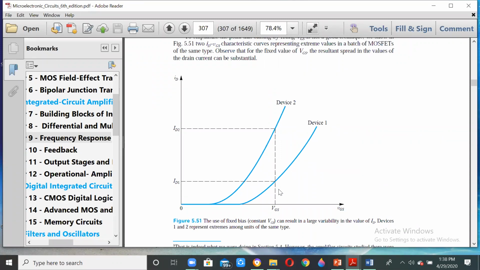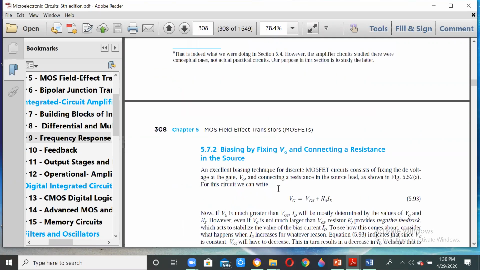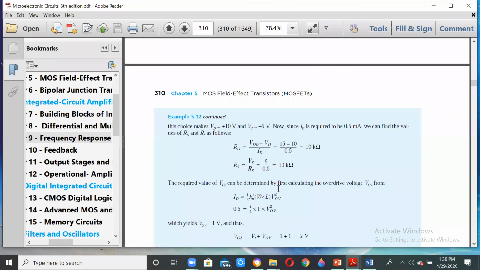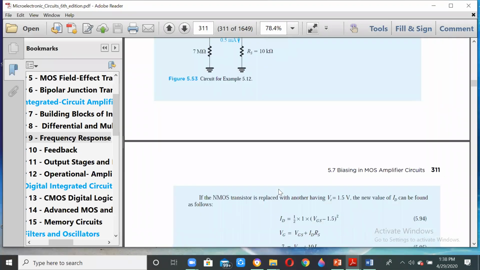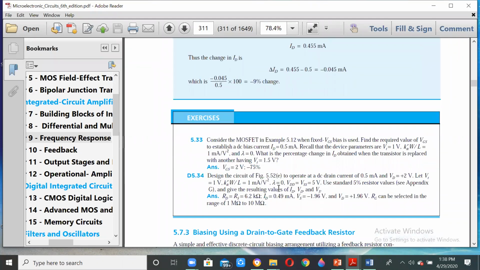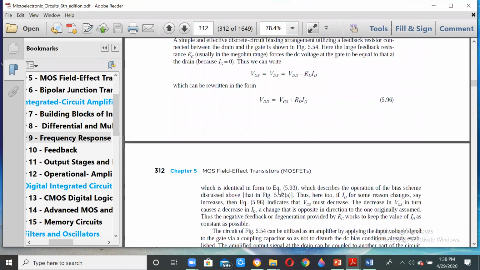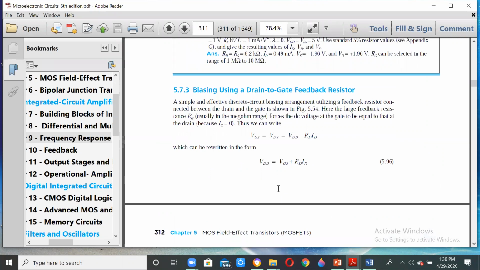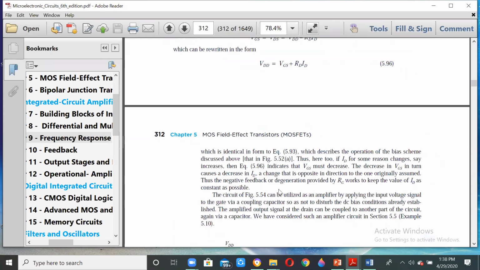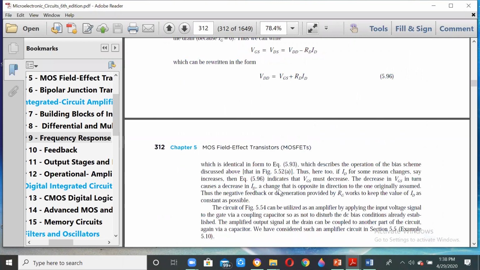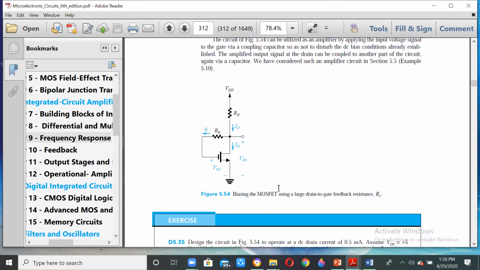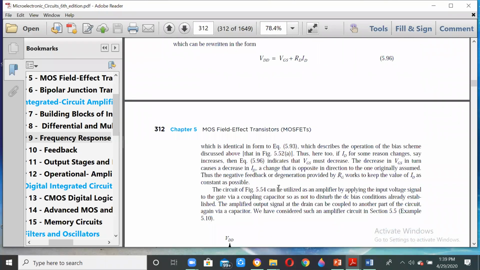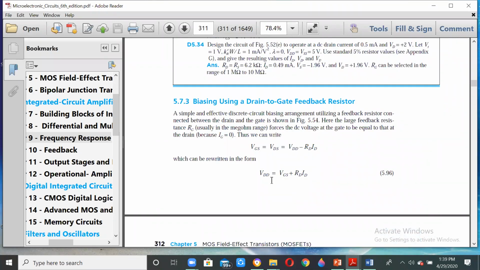And then once we finish with that figure and the explanation corresponding to that, we need to go for the drain to gate feedback resistor. This is the one which we should do. That is 5.7.3, and this is the figure corresponding to that, with the corresponding expressions.